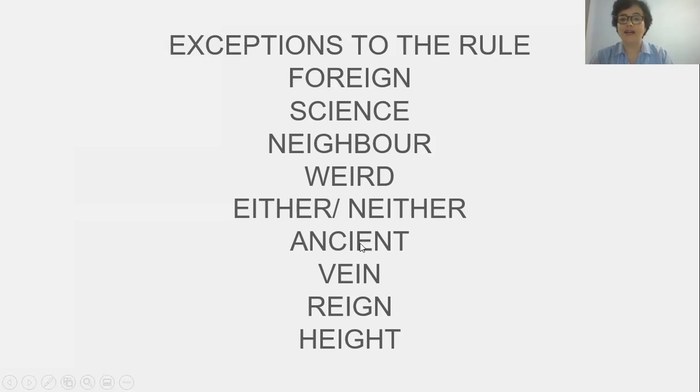Ancient has I-E when there's a C there. It says very clearly in the rule that when there's a C, it should be EI, but ancient doesn't follow the rule either. What about vein? It's V-E-I again. Rein, R-E-I. Height, H-E-I. They don't follow the rule, but every rule does have exceptions, isn't it?